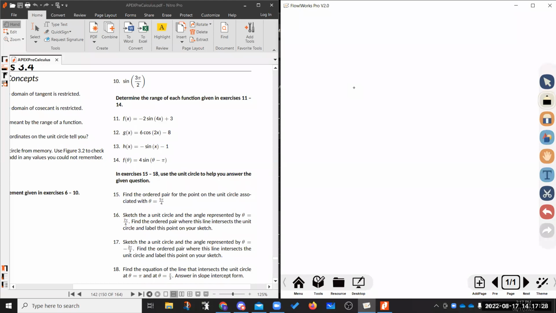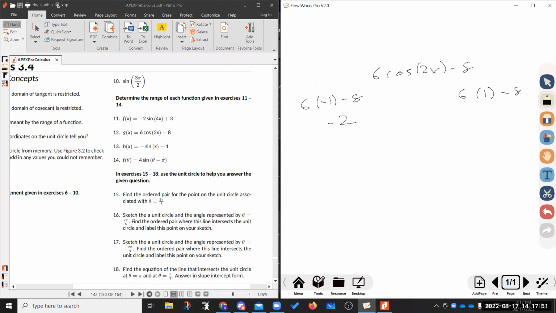Cosine also is bounded by negative 1 to 1. So similarly to what I just did, 6 cosine of 2x minus 8 is going to be bounded by 6 times negative 1 minus 8 and 6 times 1 minus 8.